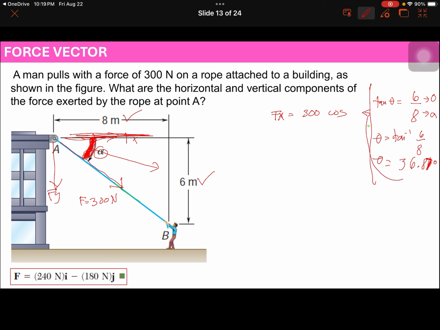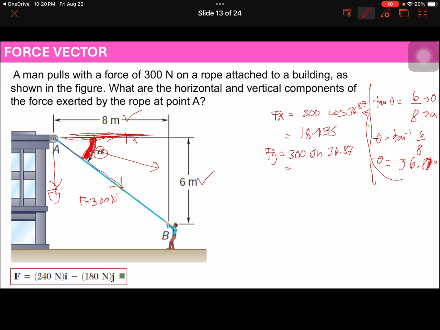That's Fx. For Fy, it is 300 sine naman pag Fy. So, sine 36.87. How much is our Fx and Fy? So, it's 300 times cosine 36.87.